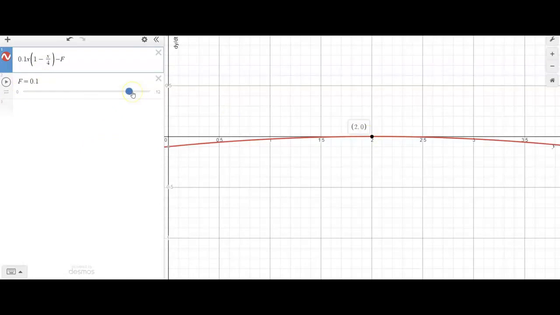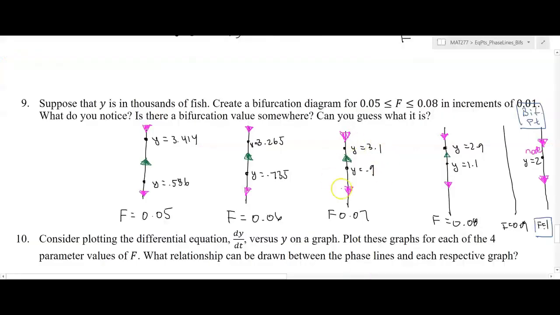If you kind of get real clever with the algebra and ask what transformation we are performing by subtracting this parameter off, then you can solve for this bifurcation value mathematically. The way we did it was just by experimenting and seeing, geez, if I make this value bigger, it looks like eventually these two equilibrium points may merge into one.